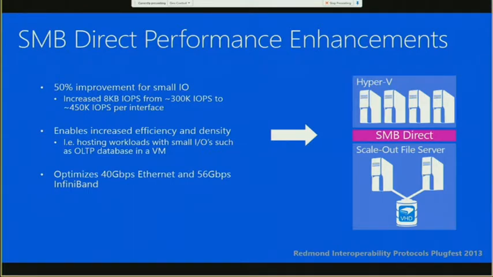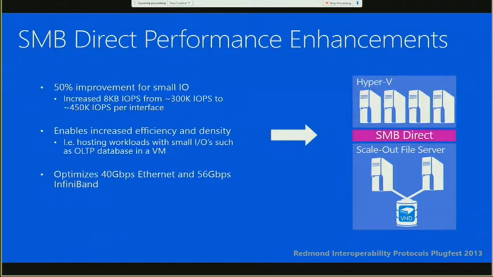So the other part is that because of the path we're going into these server applications on top of SMB, the SMB Direct capability is very important to us because that's where we get the real low latency and high throughput, as well as that not coming with a steep penalty on CPU, right? So in this release, in our implementation, we have done a 50% improvement in the IOPS rate at low I/O size.